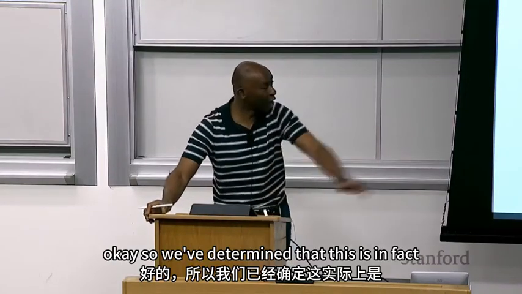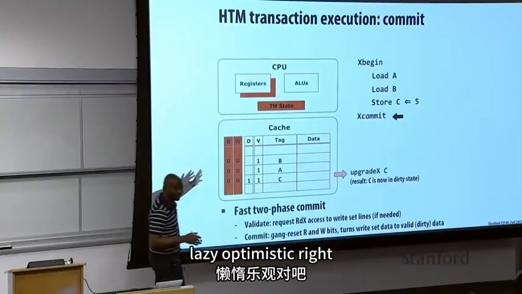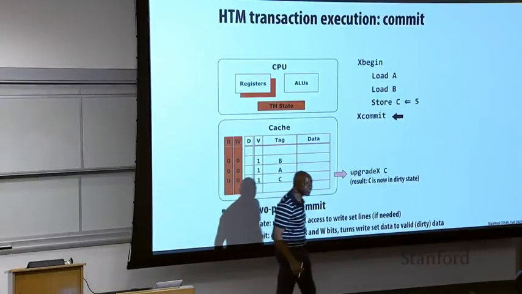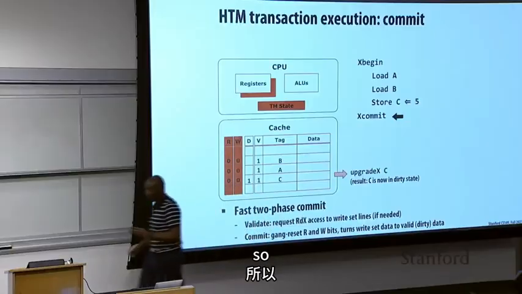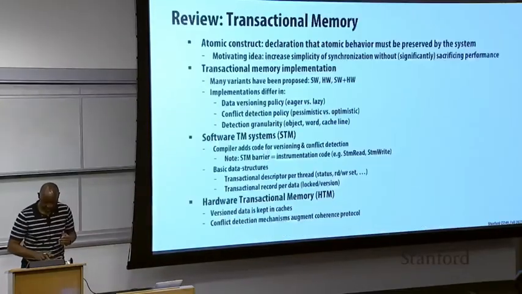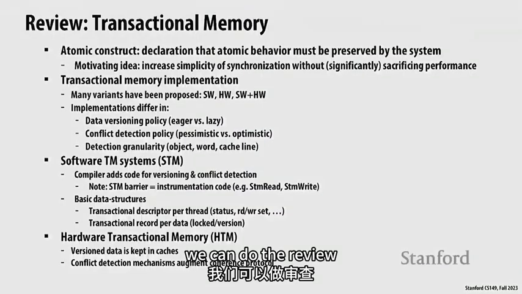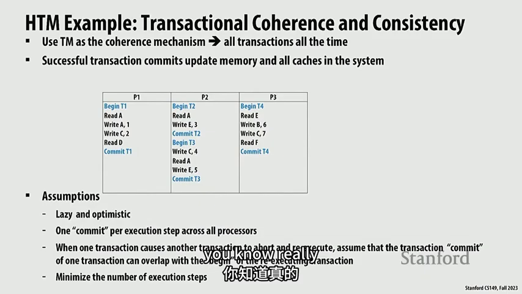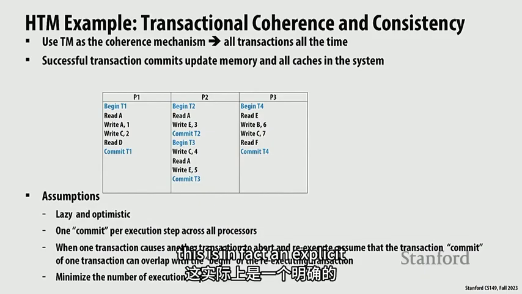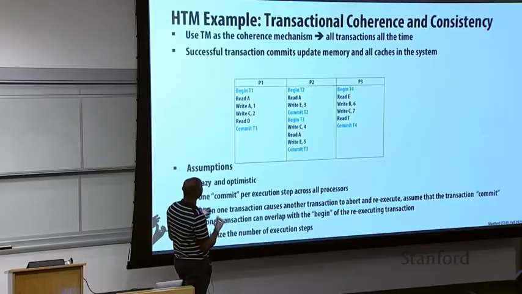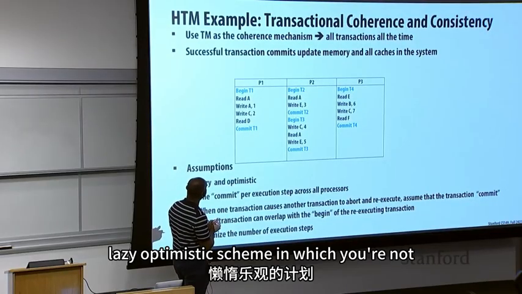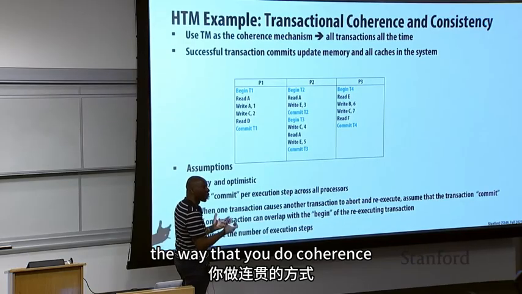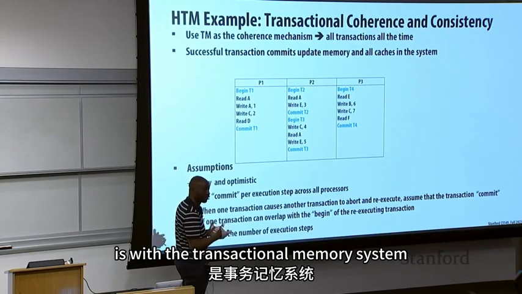Okay, so we've determined that this is in fact lazy optimistic. All right, so we can do the review. Let's do one more example. This is in fact an explicit lazy optimistic scheme in which the way that you do coherence is with the transactional memory system.